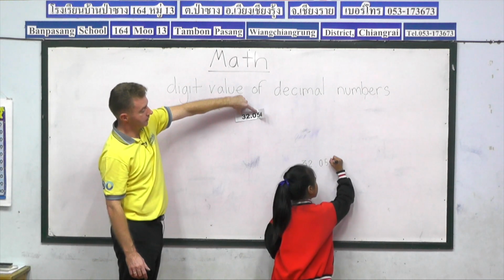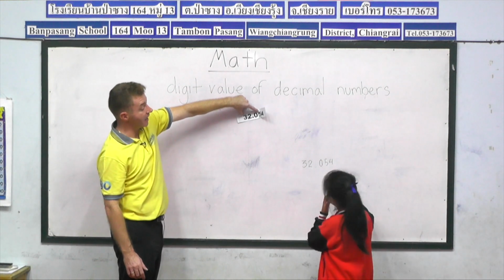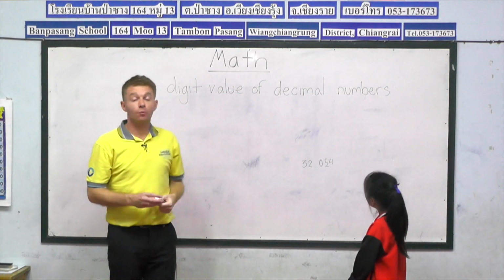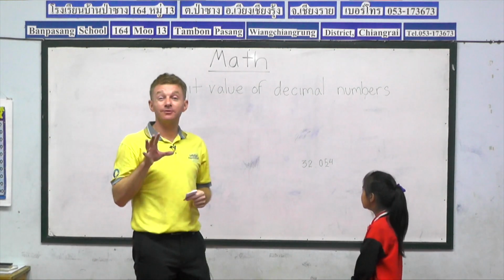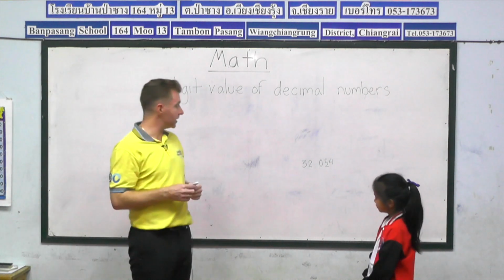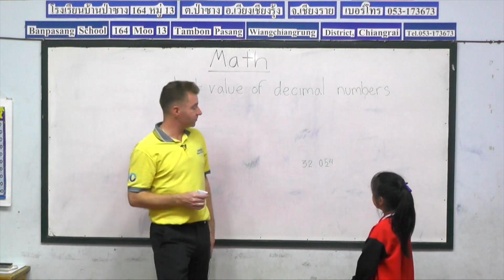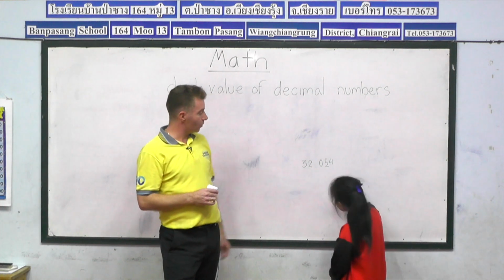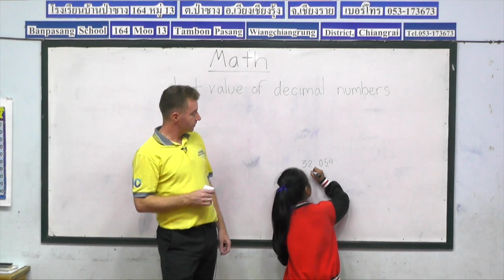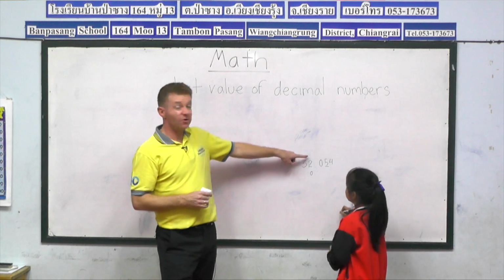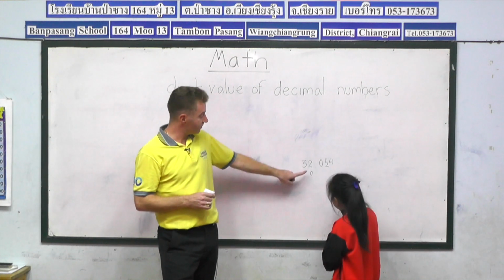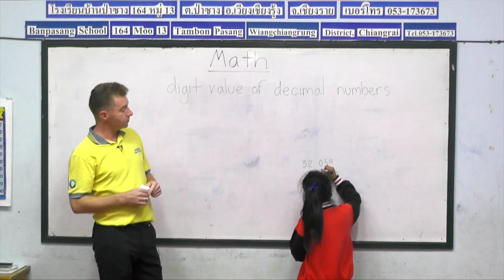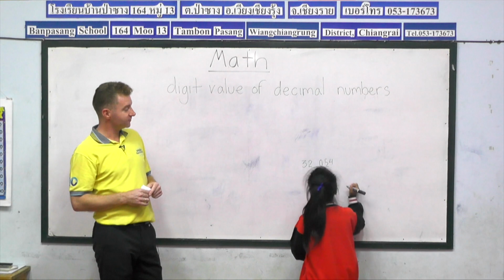32.054. And then can you please underline the underlined digit? Excellent. Okay, so what we're looking to do now is work out the digit value of the underlined digit. So what we need to do first is 0. We can write 0 underneath because we're not interested in the 2, we're only interested in the 5. So 0.05.